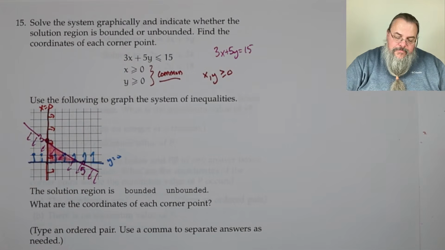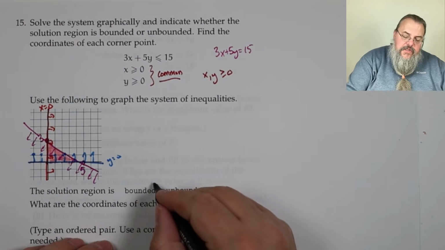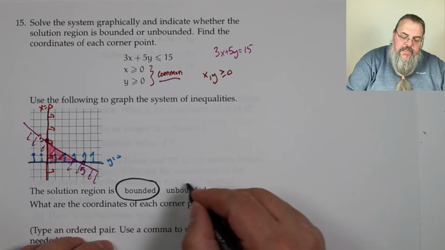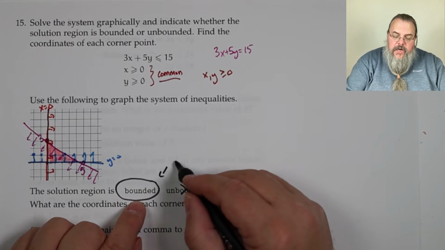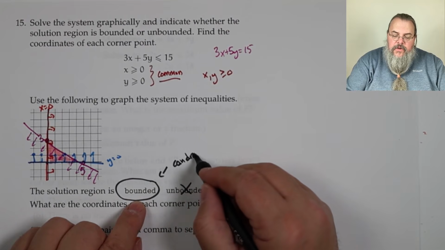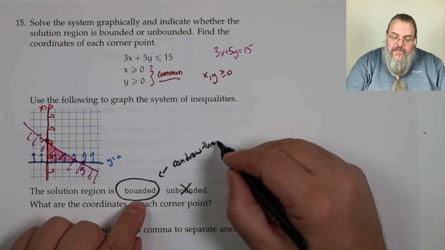Now, the solution region, is it bounded or unbounded? The answer is it's bounded. What do we see? Well, if you can draw the whole region on a single page, then it's bounded.